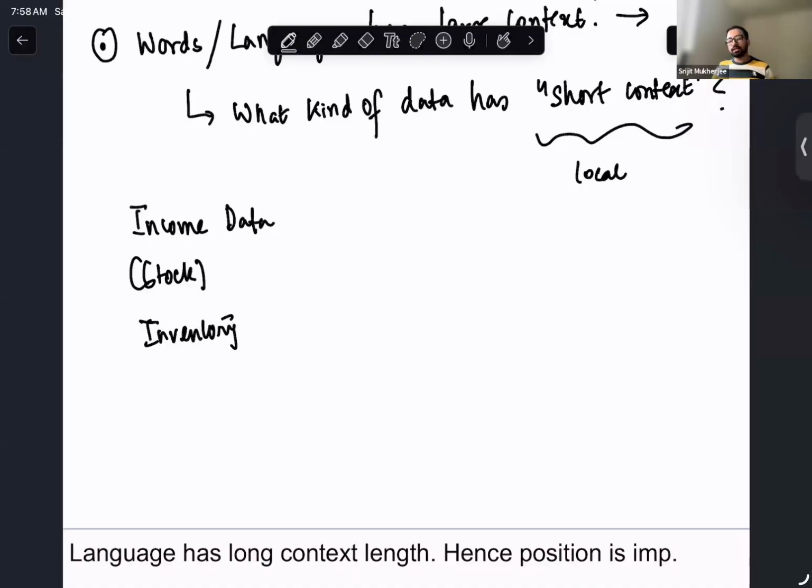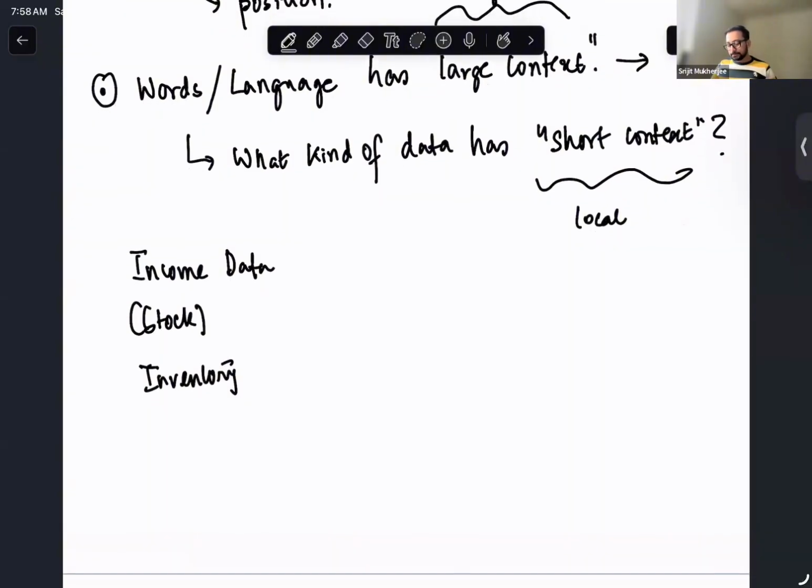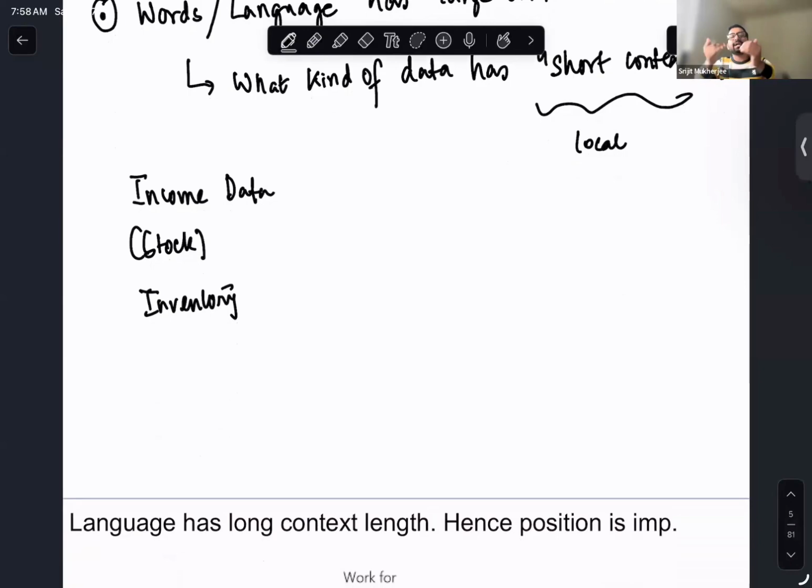But when I'm saying long context, the data has numbers and also there is a dimension to it. Okay, so probably the question is not well posed.